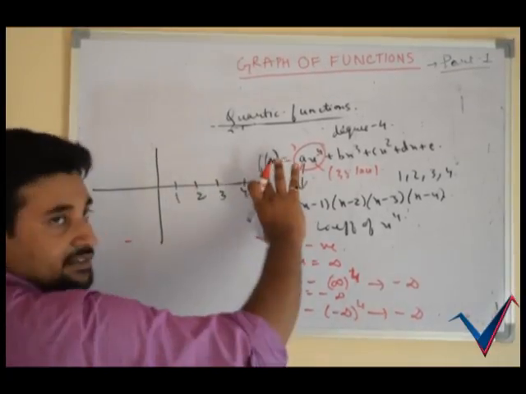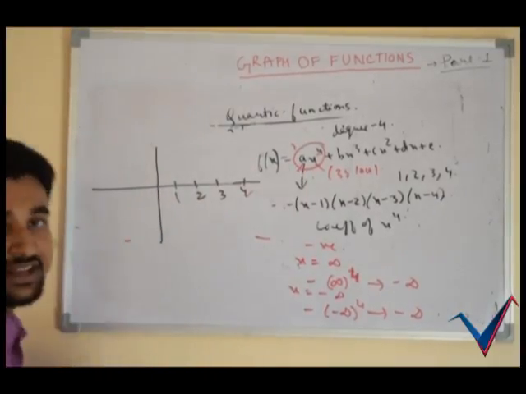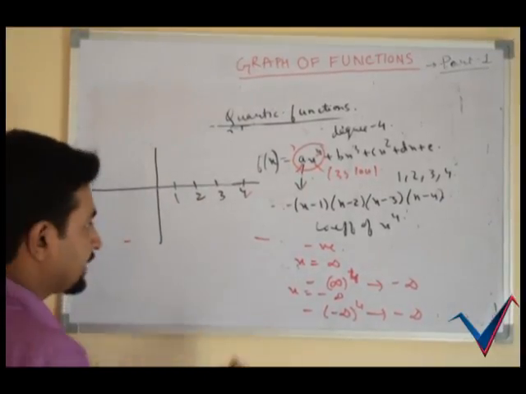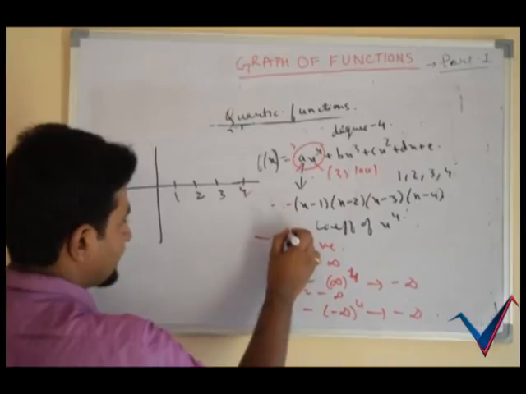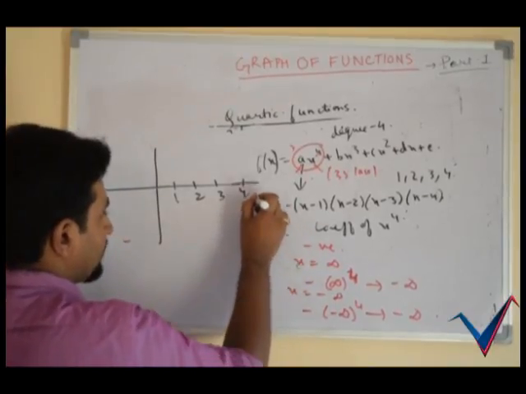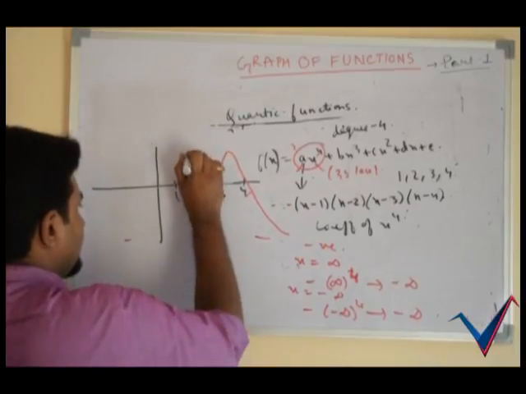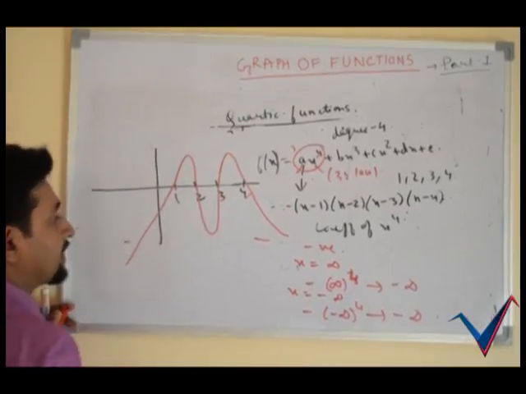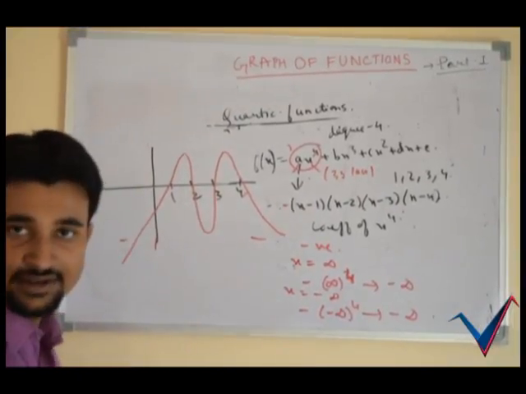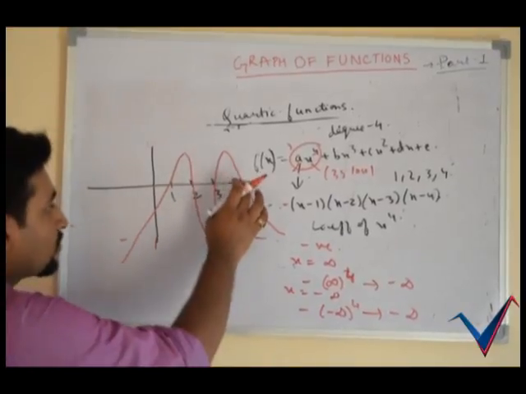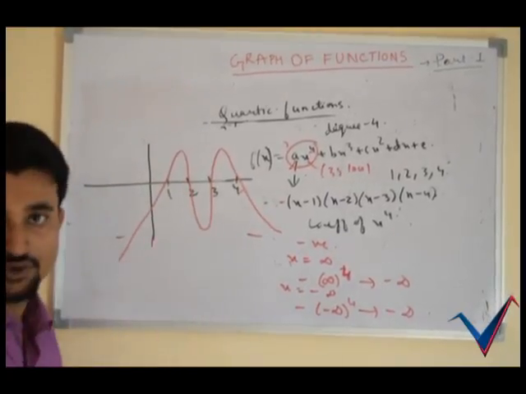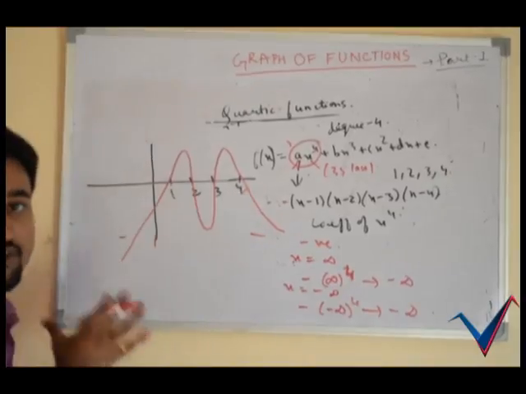We have seen it. So the function would start from here, then here, then here, and then like this, because it needs to cut the axis at 4 points because of the 4 roots. 4 roots means it will meet the axis at 4 points.